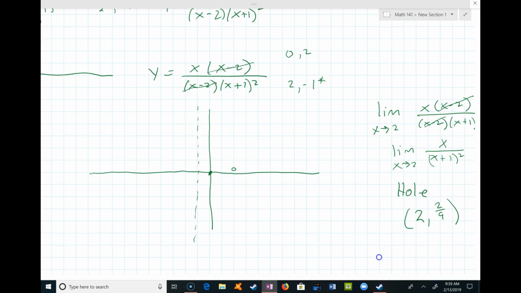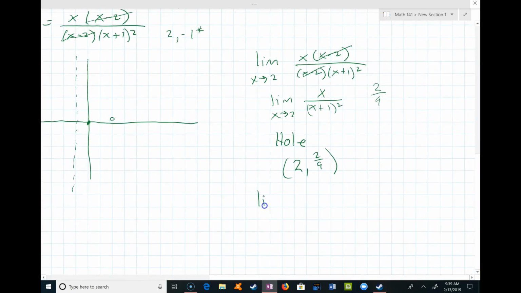So once again, we're going to use this limit process where we say the limit as x approaches 2 of x times x minus 2 over x minus 2 times x plus 1 squared. I'm sorry, not as x approaches 2. We want to do as x approaches infinity.